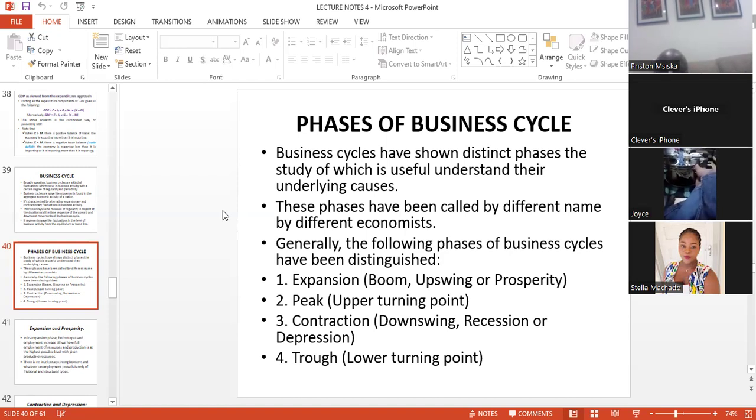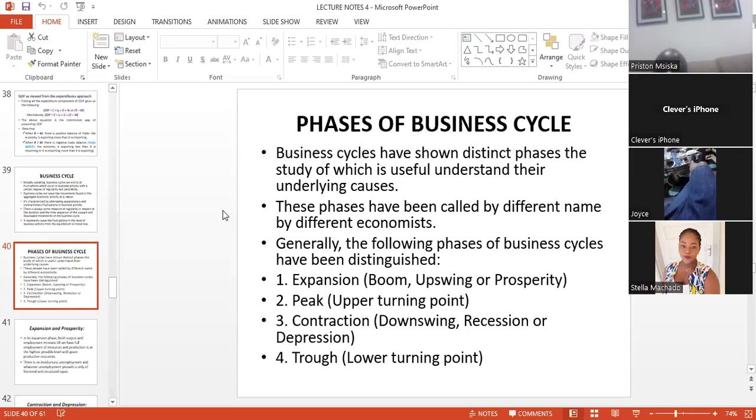So in business cycles, it's the same thing that is happening here. So that's why I was initially letting you know that when you are discussing business cycles, they are very much closely related to what is happening in the aggregate economy.